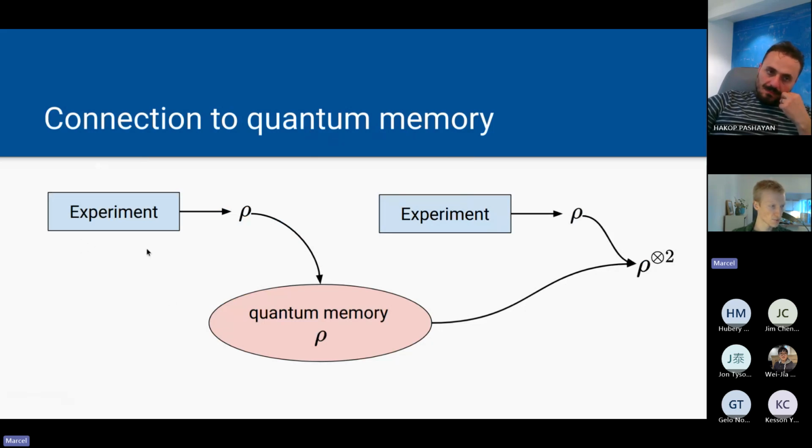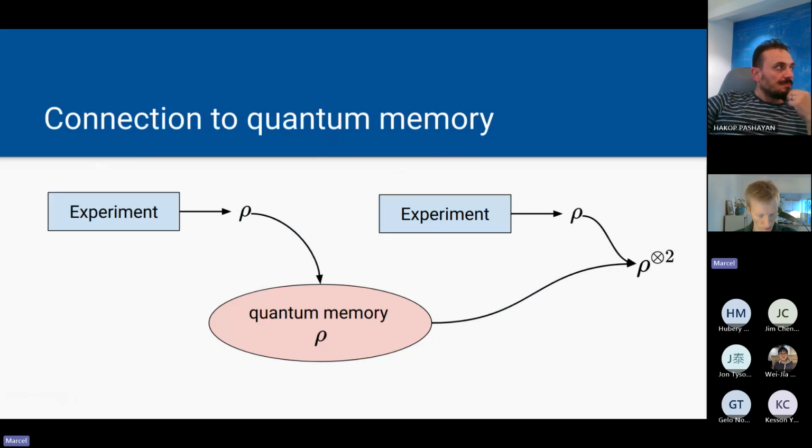Well, basically what you have to do is your experiment gives you some state rho, but then in order to make space for another copy, you have to take that state, transfer it to some quantum memory where you can keep it for some time, then run the experiment again to get a fresh copy, and only then you get to have two copies at the same time. So that's why some people also refer to the single versus multi-copy distinction as having quantum memory or not having quantum memory available to you.